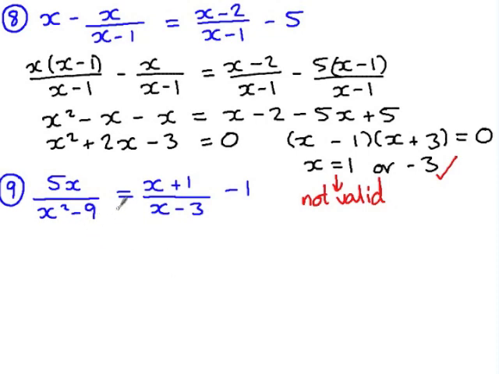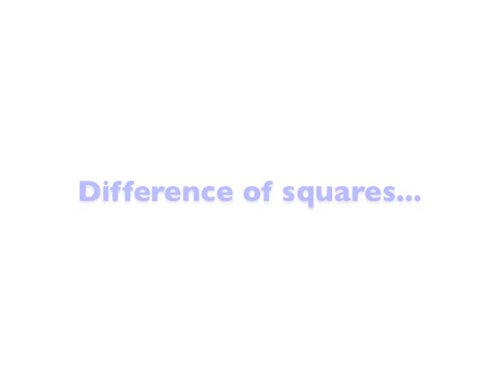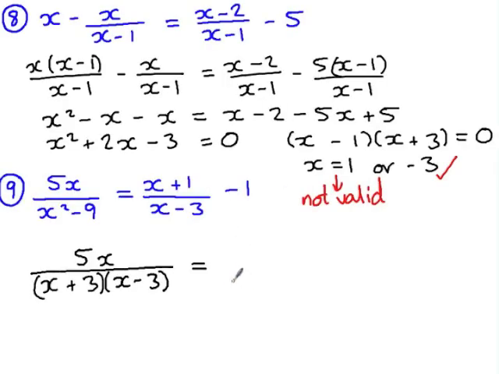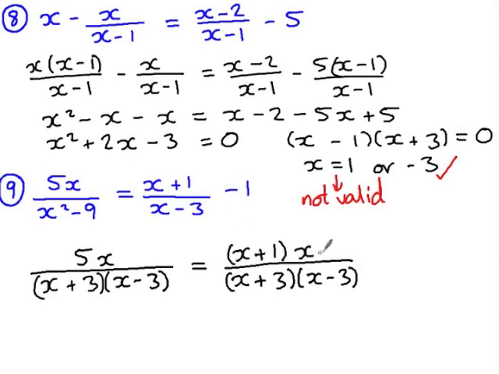And finally we have a quadratic denominator, but hopefully you recognise that x squared take 9 is the difference of two squares and can be written as x plus 3, x take 3. And so I need to multiply x plus 1 by x plus 3, and then the 1 means x plus 3, x take 3 over itself.